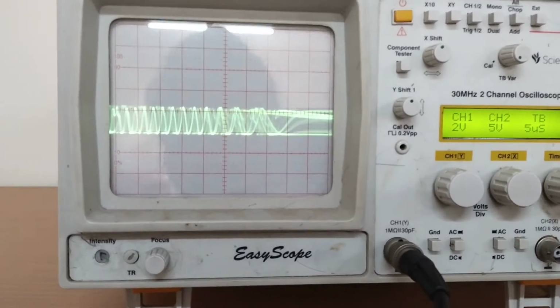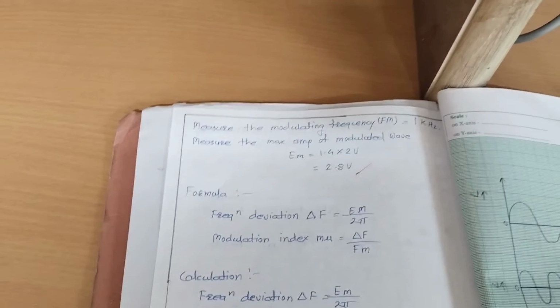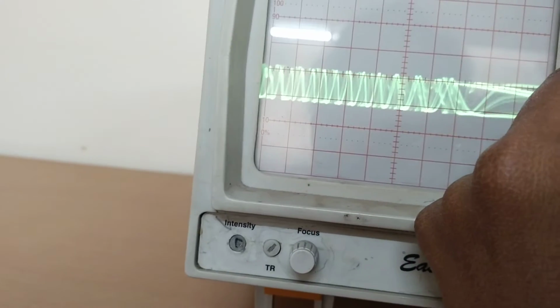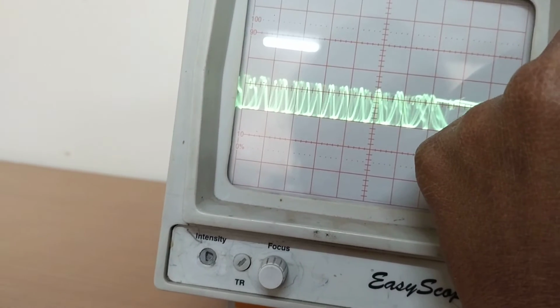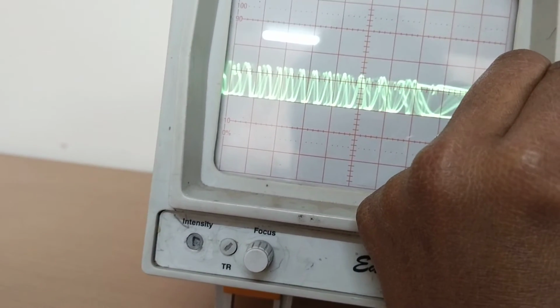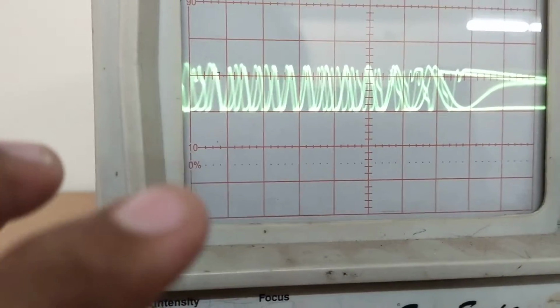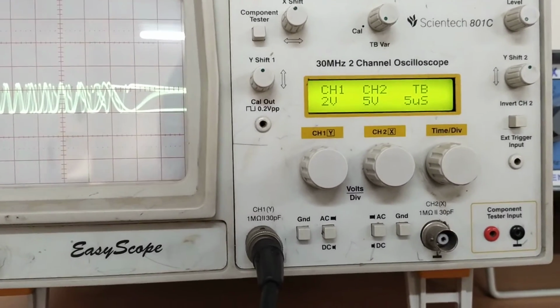For this modulated signal, we measure the maximum amplitude of the modulated wave, that means the height of this wave in the output waveform. The amplitude is 1.4 divisions, and the multiplier amplitude knob of channel Y, channel first, is 2 volt.